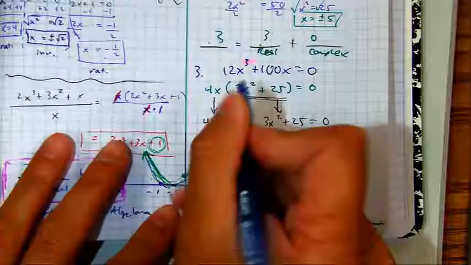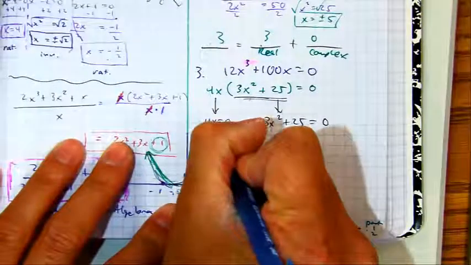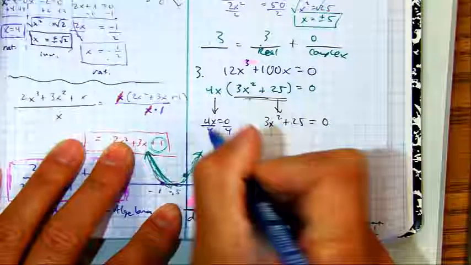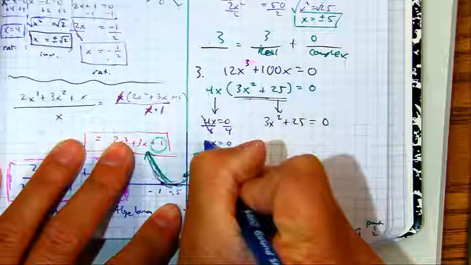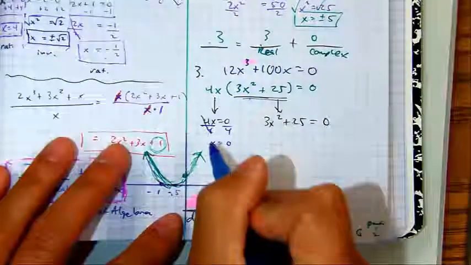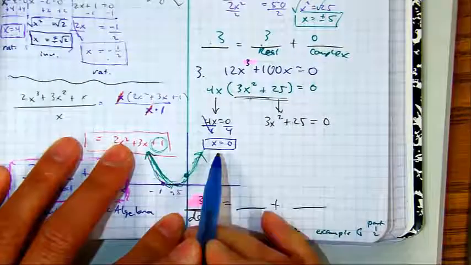So I'm just going to divide by 4 on both sides. X is equal to 0. Raise your hand if you got that one.